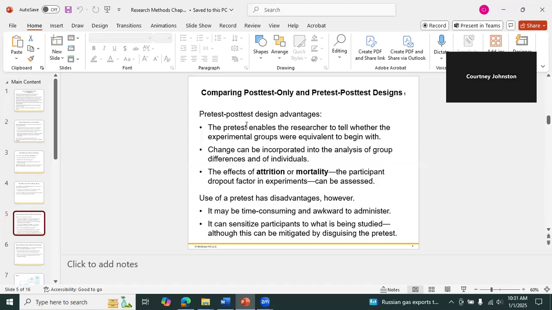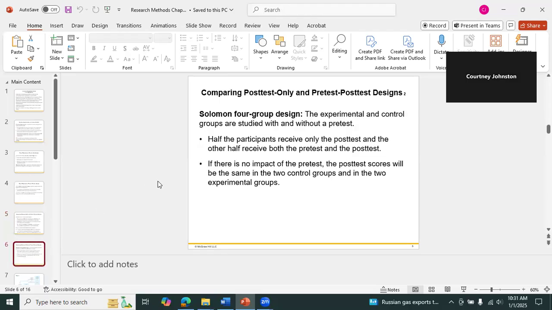And so the pretest does allow for the assessment of the effect of this. But there are disadvantages because it is going to be time consuming, and it can sensitize participants to what's actually being studied. But you can mitigate this by disguising the pretest. So there are advantages and disadvantages to this.